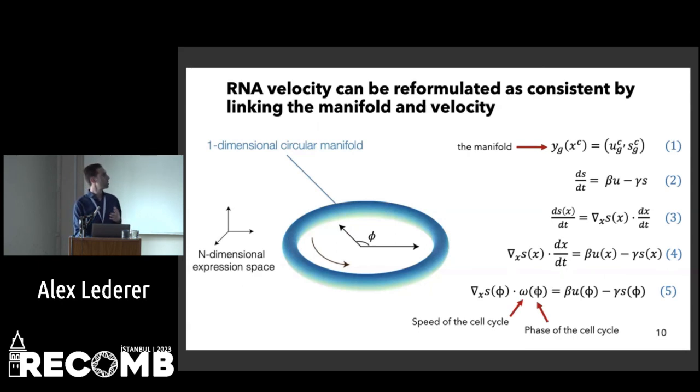And in our case, since we're dealing with a periodic manifold, we can replace x with phi, which corresponds to the phase of the cell cycle. And in this case, we also consider the velocity to be a speed, since we're talking about a one-dimensional space, and we represent this with omega.